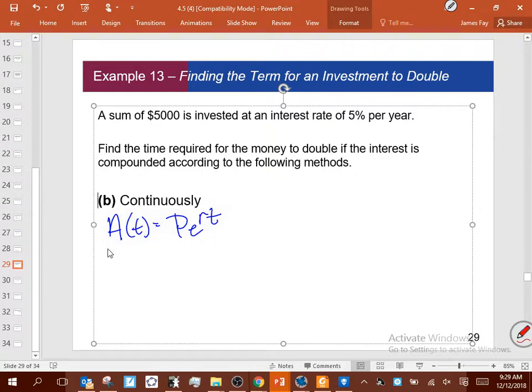A lot of times you might see this formula, and we're using different variables, but A sub 0 is a way of saying this is the amount at time 0. If I'm talking about dollars, that's my principal, right? Another way you might see this, and I'm not 100% sure on what the purpose of the n is.